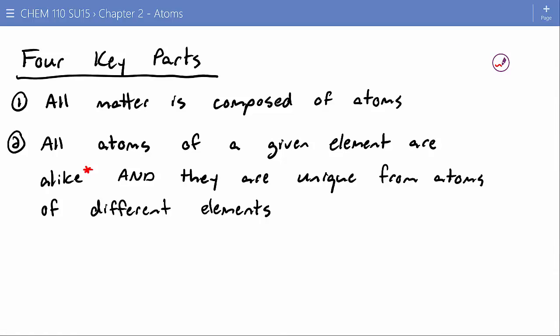And one cool thing I like to explain to people is, has anybody heard of heavy water? Heavy water is a type of water, but it actually has a heavier isotope of hydrogen in it called a deuterium atom. It's still a hydrogen atom, but it's slightly different. And we'll talk about why it's different in the next chapter. But the cool thing is, with heavy water, if you freeze it, the ice cubes will actually sink in your drink glass.